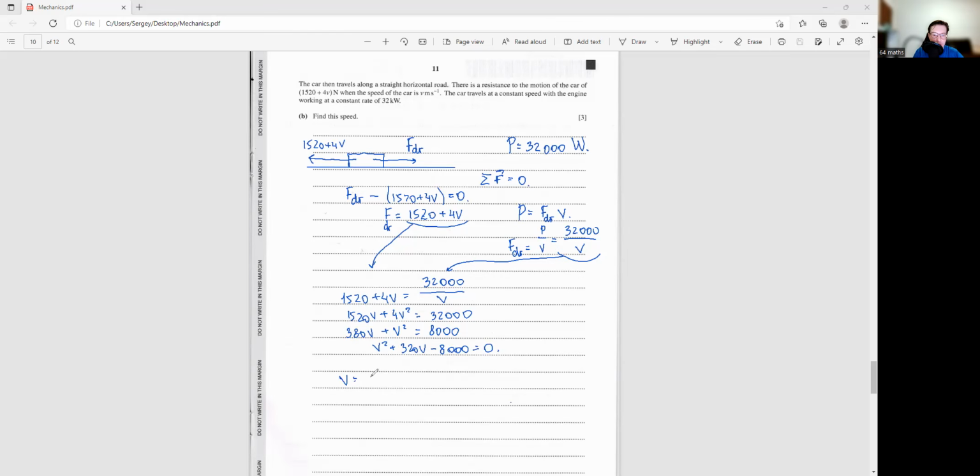Okay, let's use the formula. Minus 380 plus or minus square root of 144,400 plus 32,000, over 2.